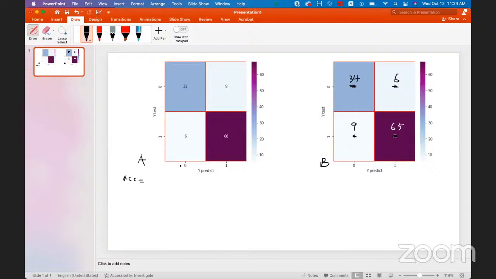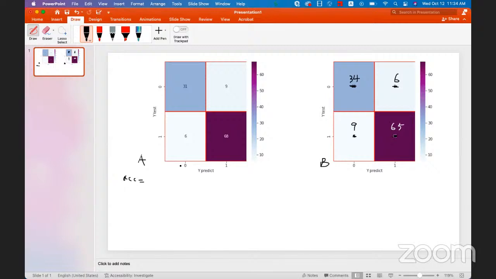This is the testing: negative, positive, and then the prediction result: negative, positive. So we calculate the accuracy score. What is the accuracy score for this model? The accuracy score is the ones that are predicted right.